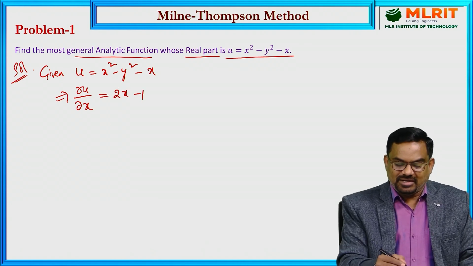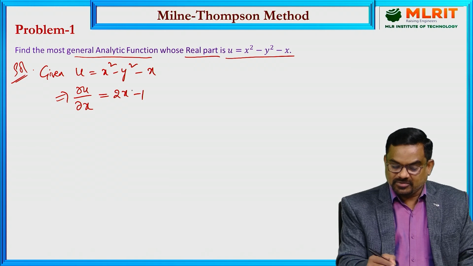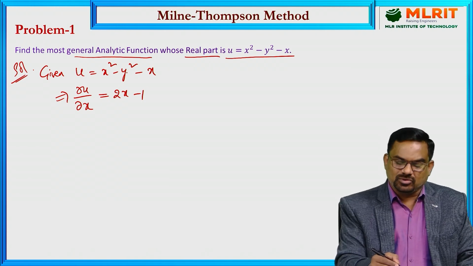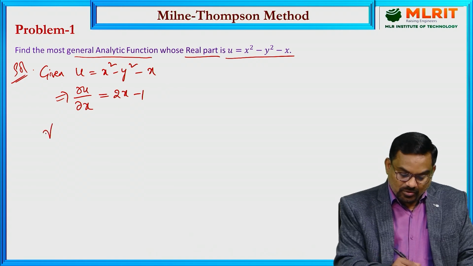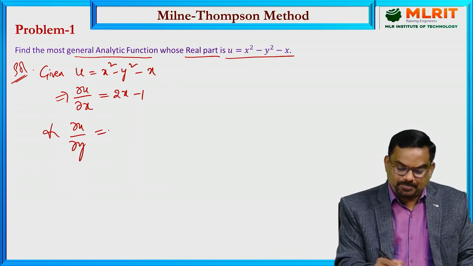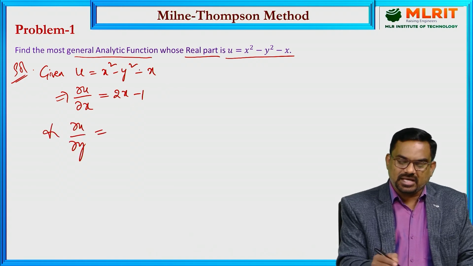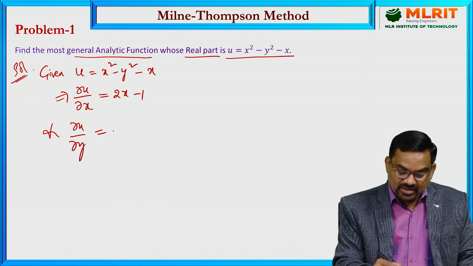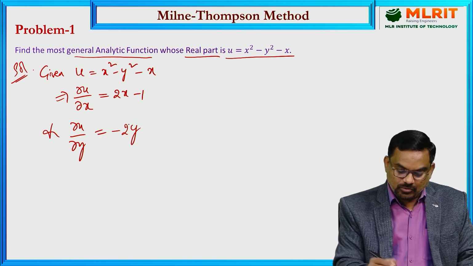Here the derivative of x square with respect to x is 2x, for minus x it is minus 1, and y we treat as constant, so it is 0. And also dou u by dou y, with respect to y we treat x as constant, so first and third terms are constant, the derivative is 0, and finally minus 2y.